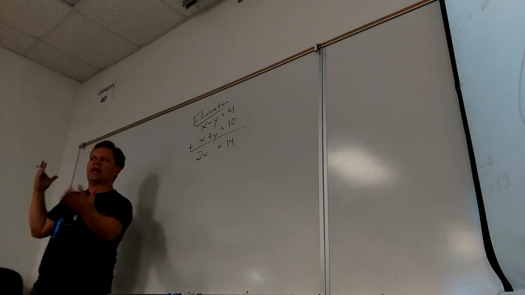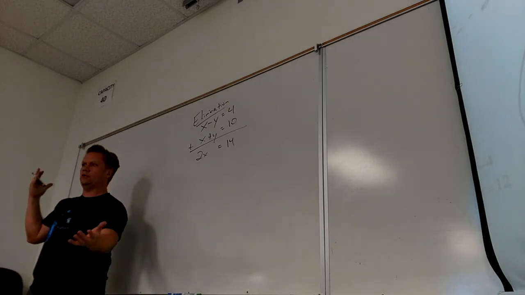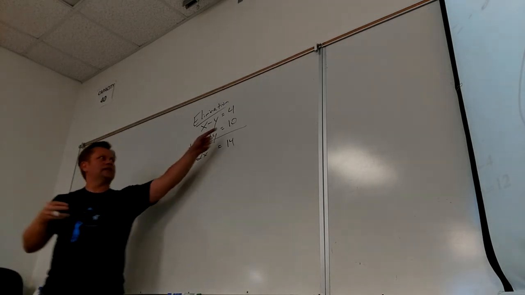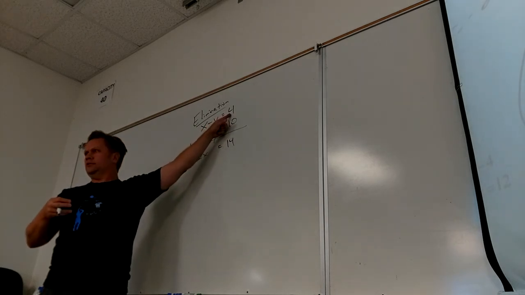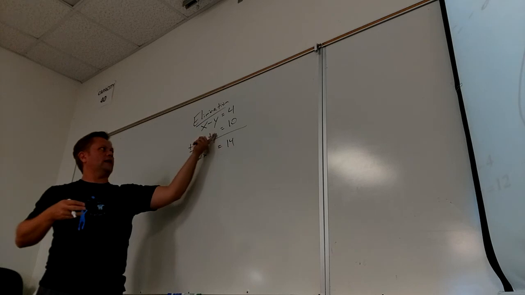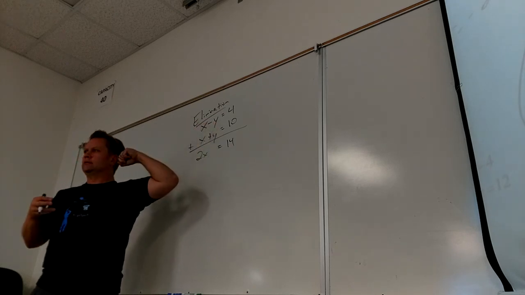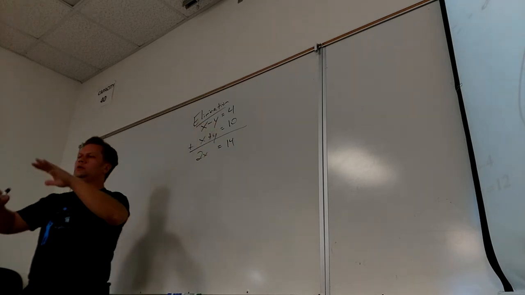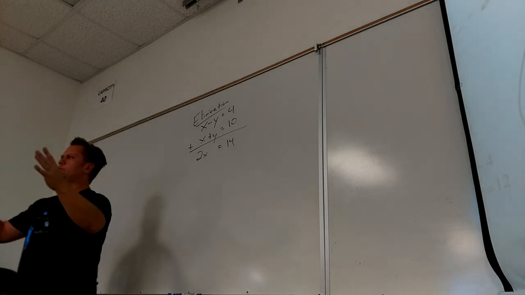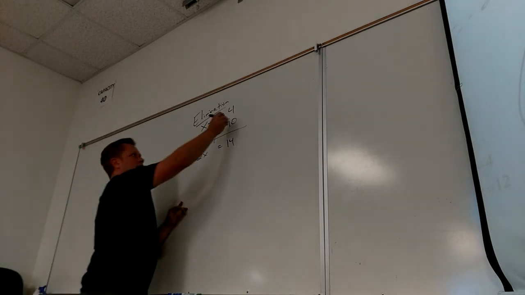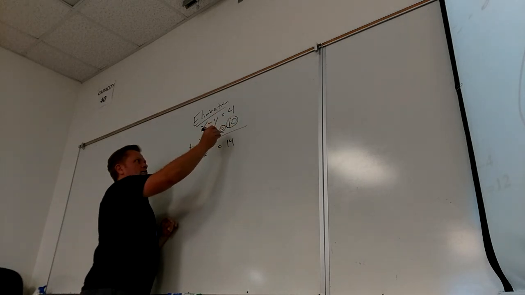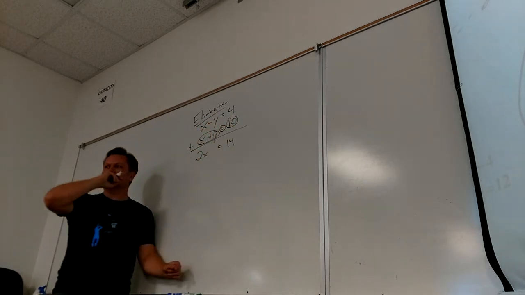Am I not supposed to add the same thing to both sides of an equation? What did I add to this side? I added 10. And what did I add to this side? I added x plus y. So why am I allowed to add two equations together? Well, because 10 is x plus y.